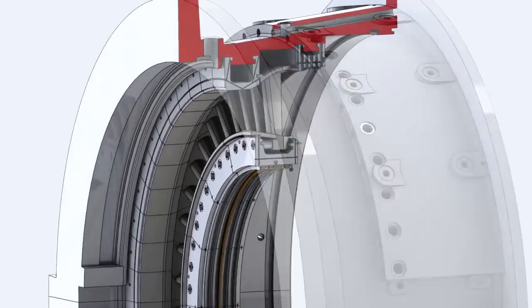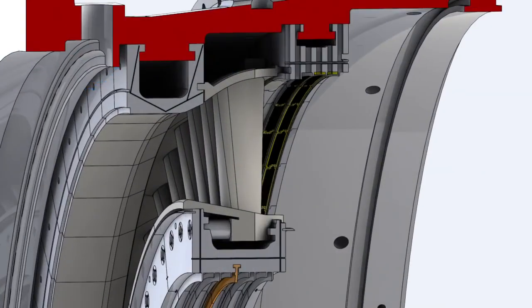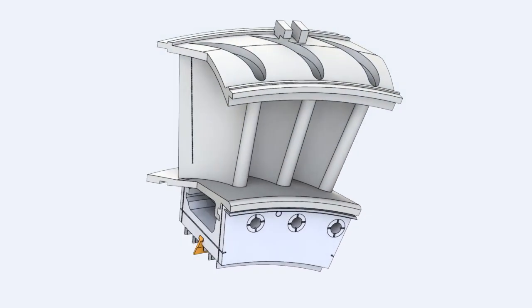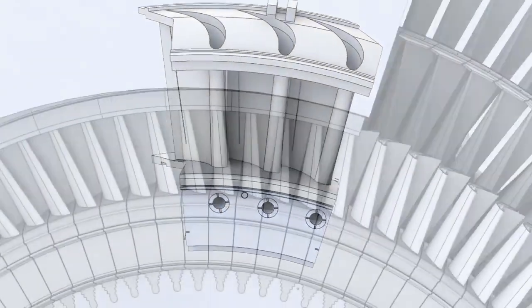The second stage nozzle is cooled by compressor discharge air passing through the first stage shroud. Some of this air exits through holes on the airfoil's trailing edges. The remainder of the cooling air is directed to the first stage aft wheel space through 3 cooling air tubes assembled on the diaphragm.